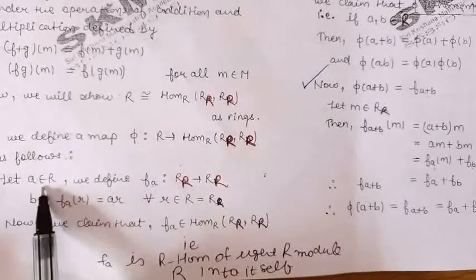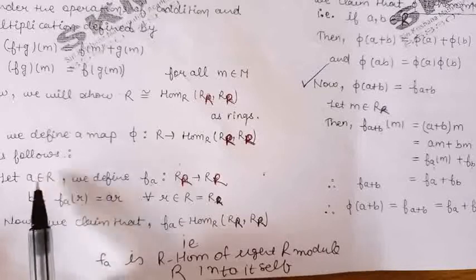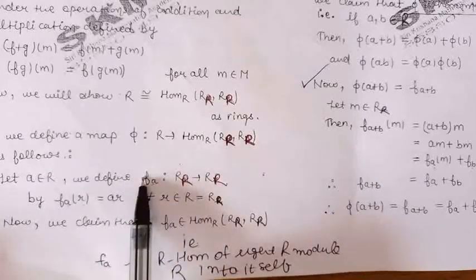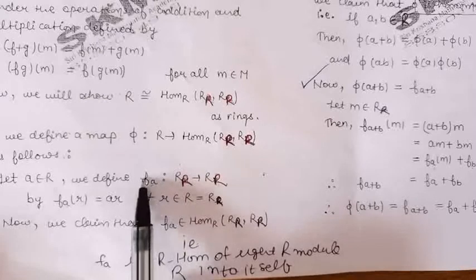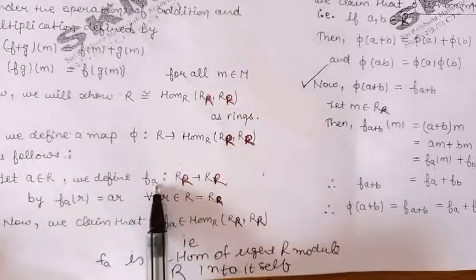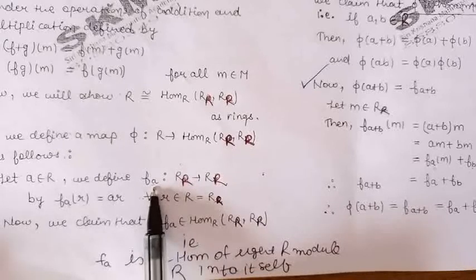So we have taken a belonging to R, and corresponding to this a belonging to the ring R, we define a mapping f with a in the base, because this mapping depends on this element a taken from the ring R. So we have denoted it by suffix a in the base.